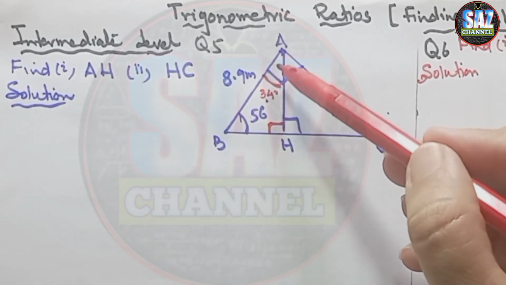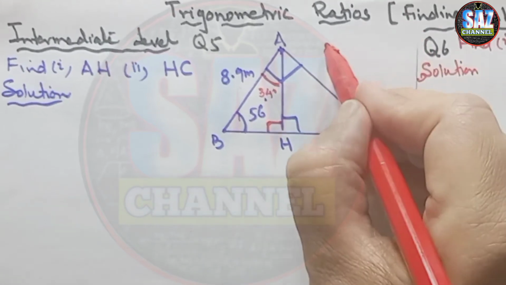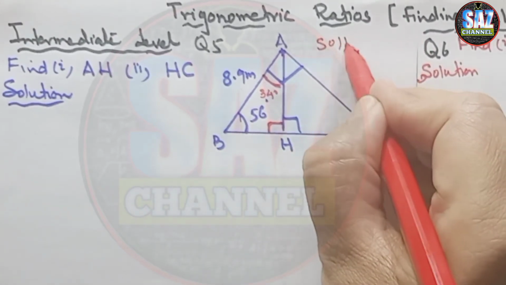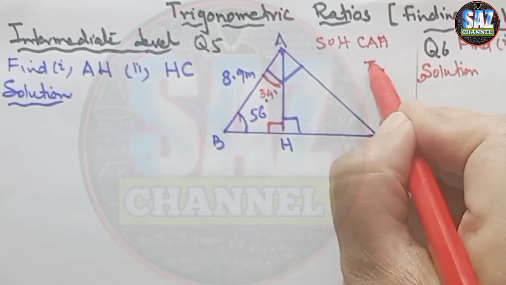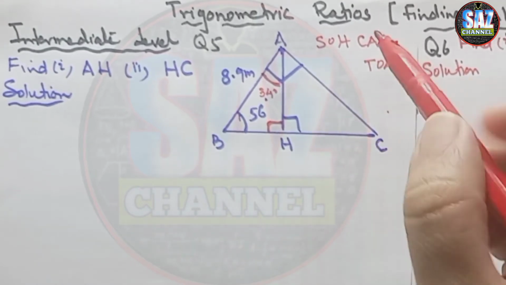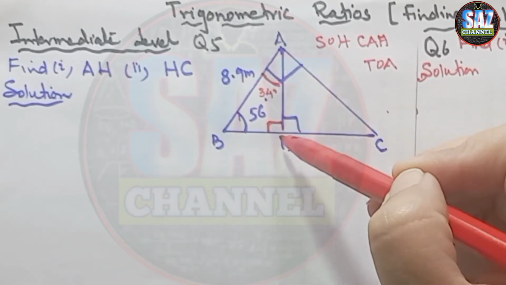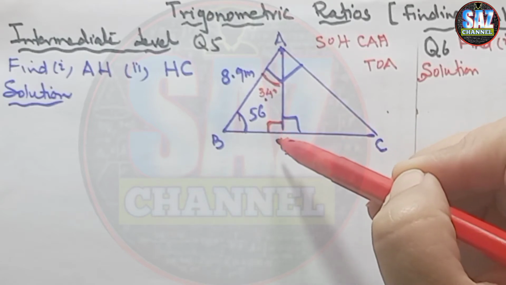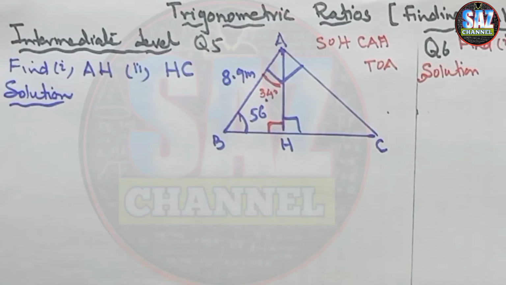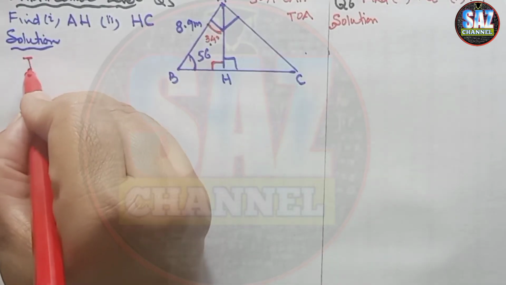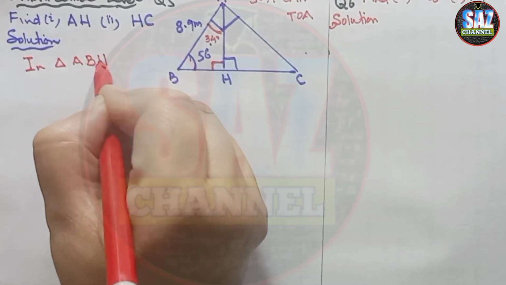So with the help of opposite and hypotenuse, that is sine, opposite upon hypotenuse. So in order to get AH length, we can apply sine in triangle ABH.